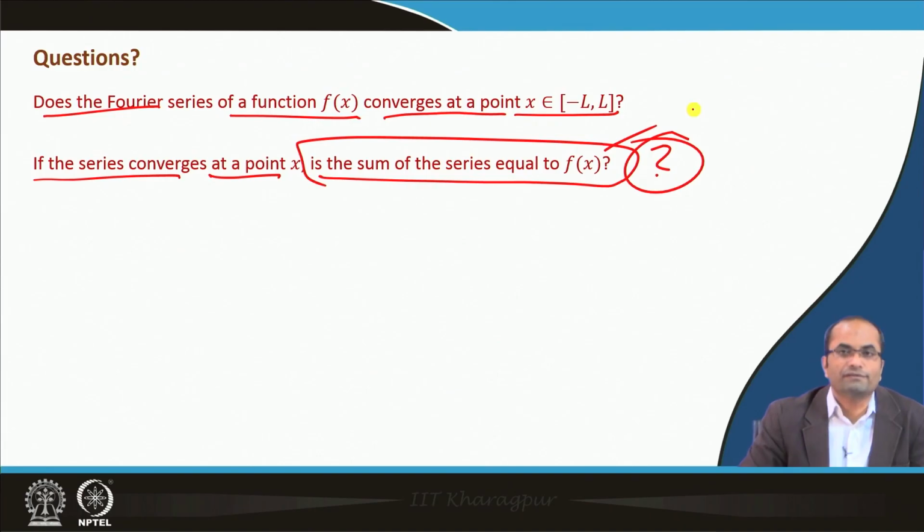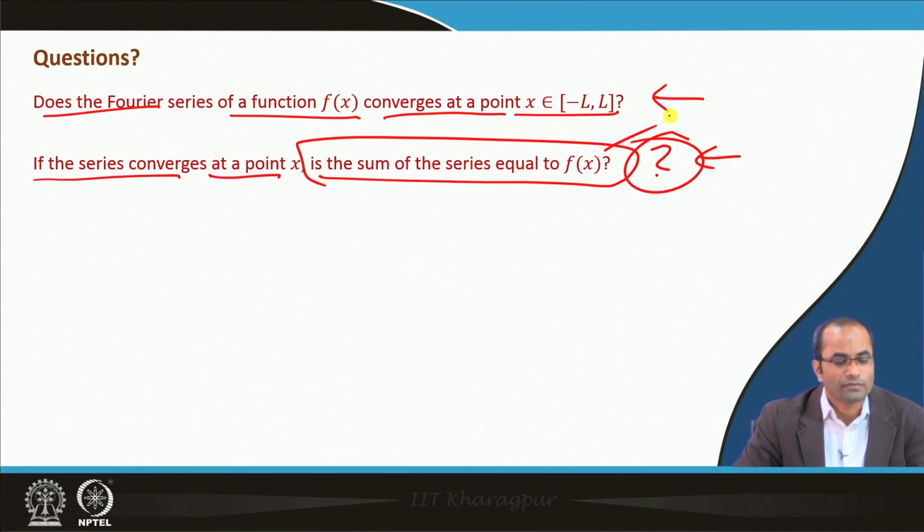At x equal to 0 we checked, and the sum was not equal to the function value, which was 1 in our example. So definitely the answer is no to this question, and the answer is also no to the first question, because there are functions whose Fourier series does not converge at all.